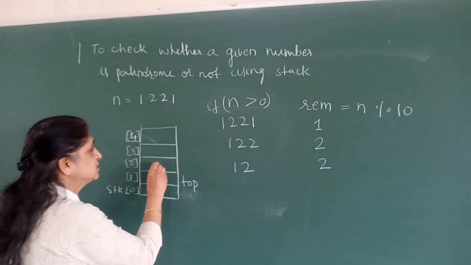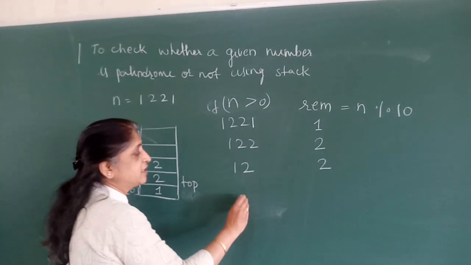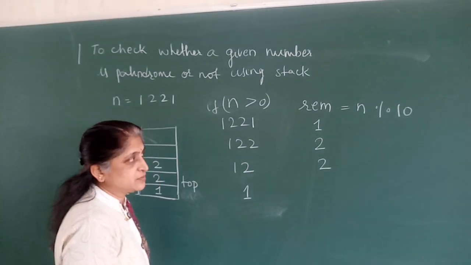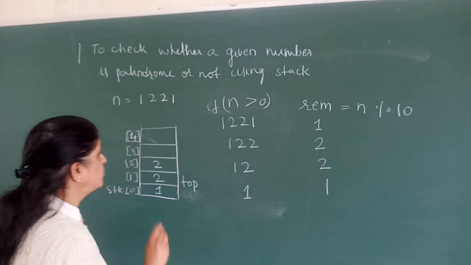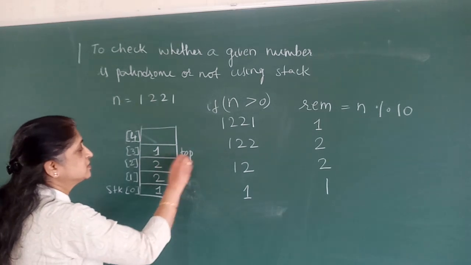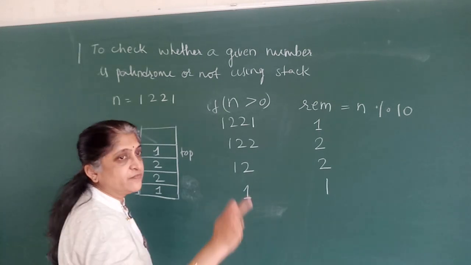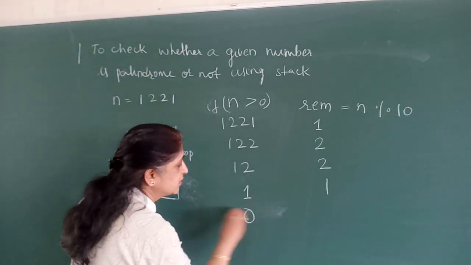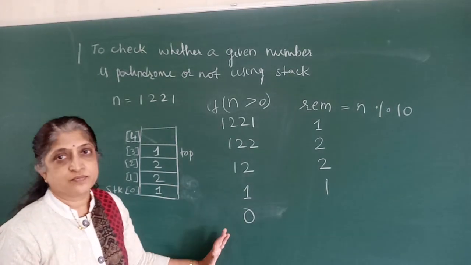Push this to the stack. Then again perform 12 divided by 10, it is 1. 1 mod 10 is 1. Push 1 to the stack. Now top is holding the index 3. Then perform n divided by 10, it becomes 0. Now we stop this operation.